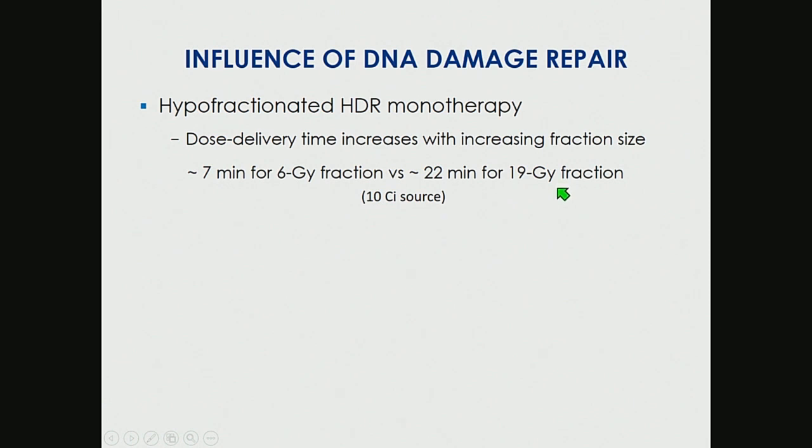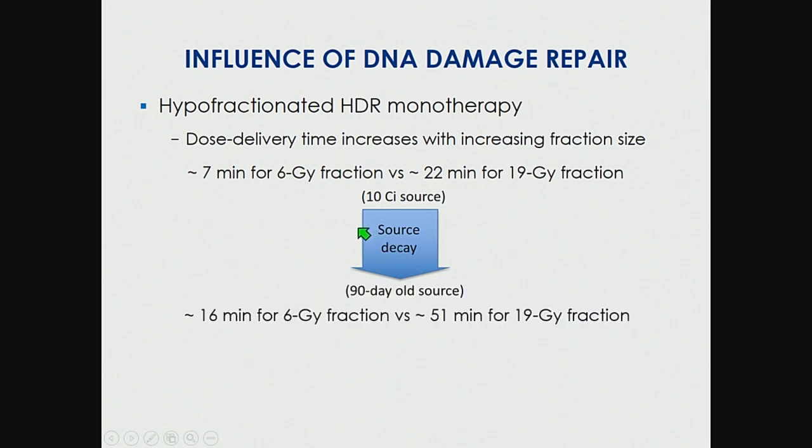When you move to 19 gray monotherapy, which has been reported in the literature, the treatment time increases to 22 minutes. Now, the iridium source decays, and typically in the US, we do source change on a quarterly basis. So by the time it reaches 90 days, the time needed to deliver this fraction is going to be 16 minutes, and then close to an hour when you deliver a single fraction treatment.